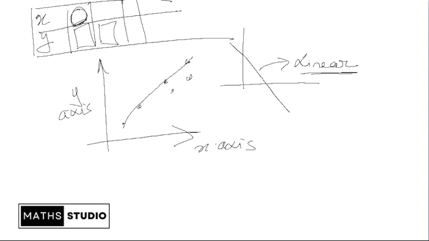Suppose this particular point is say 3 comma 1. So 3 comma 1 can be a solution for this equation, which is a straight line. It can be a solution to another straight line also.